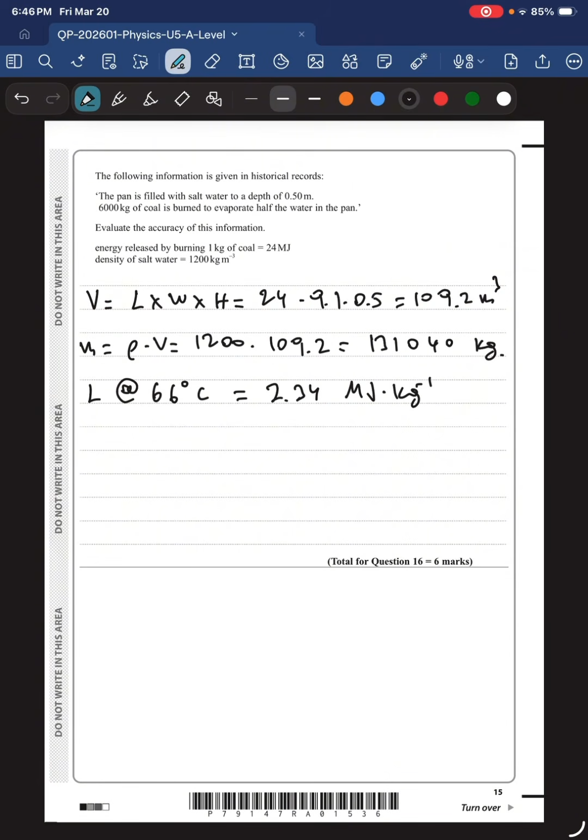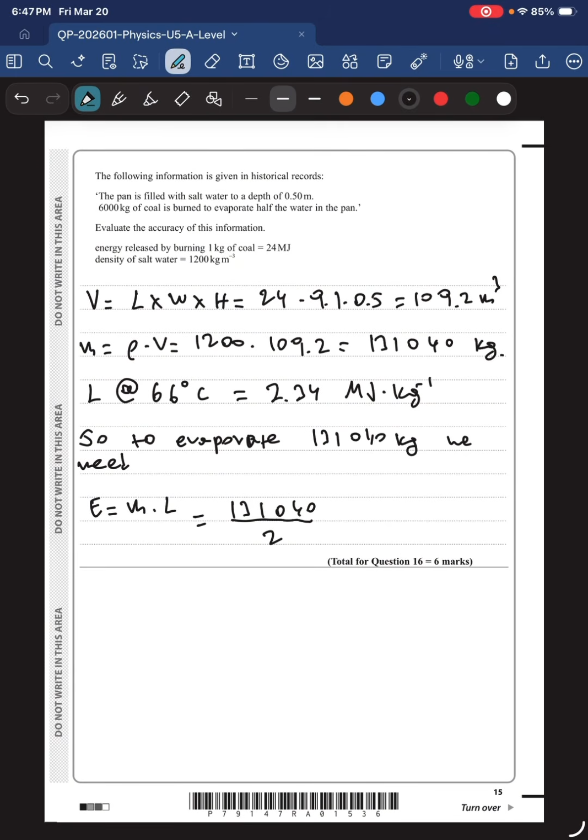Okay, so to evaporate 131,040 kilograms of salt water, we need energy equal to the mass times the latent heat.